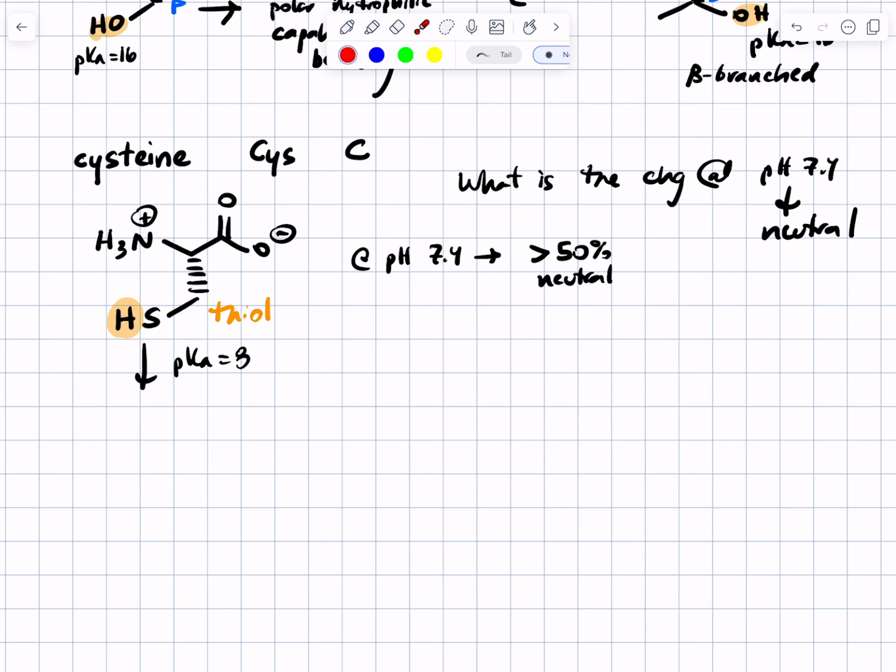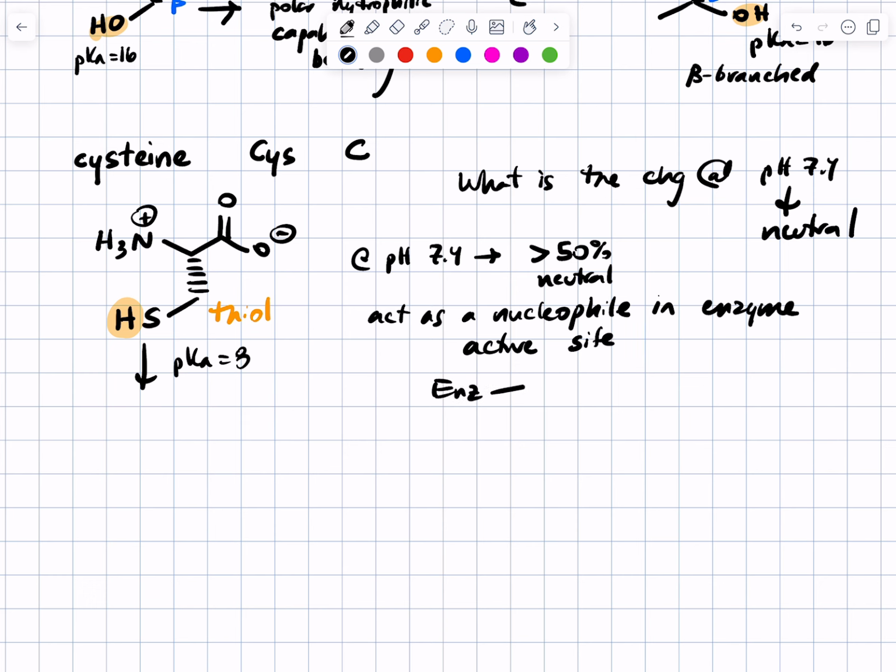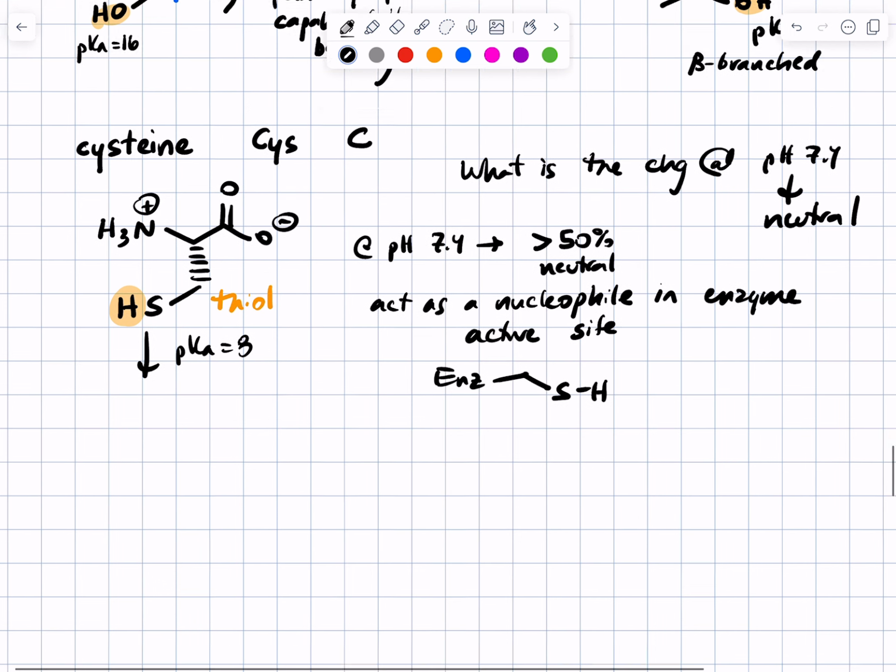Sometimes cysteine will act as a nucleophile in an enzyme active site. You've seen a couple examples of that in some of the mechanisms that we've talked about this semester. Whenever we've done something like this, a sulfur attached to the enzyme, that's what we've been referring to.